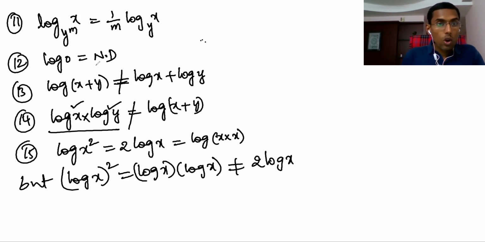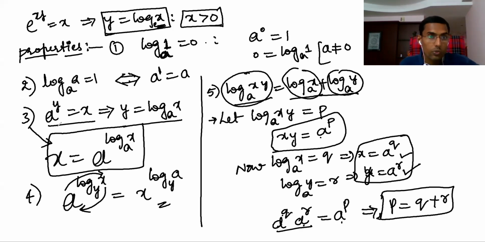So here log 0 is not defined. Log 0 not defined means, when I told you about log x, I told you where this definition comes from: e to the power of y equal to x, y equal to log x to the base e. So x must be positive, then only it is defined, otherwise it's not defined.